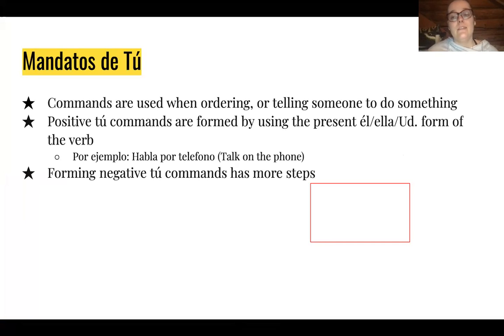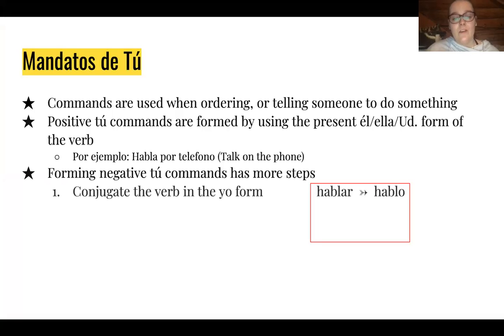Forming negative tú commands has more steps because Spanish is extra and we just need that in our lives. So our first step, you are going to take hablar and change it to the yo form, hablo. Step number 2, you're going to drop the o at the end and you're going to have habl, which means nothing.